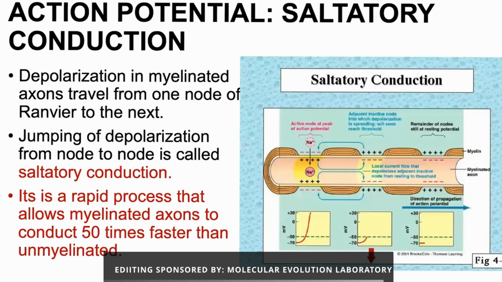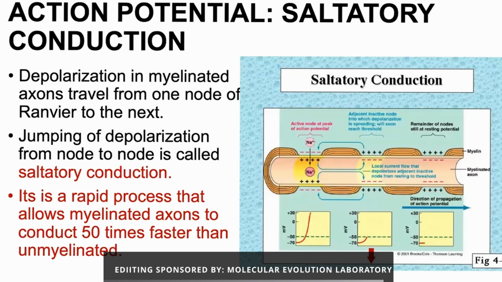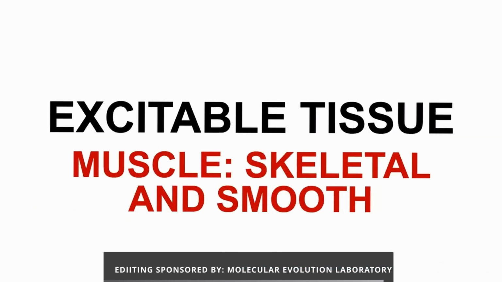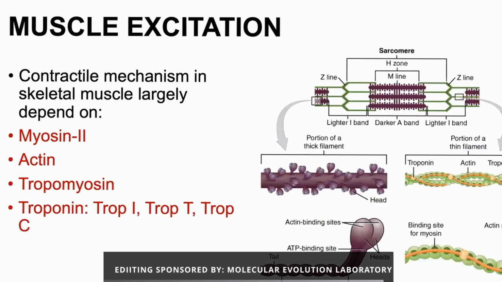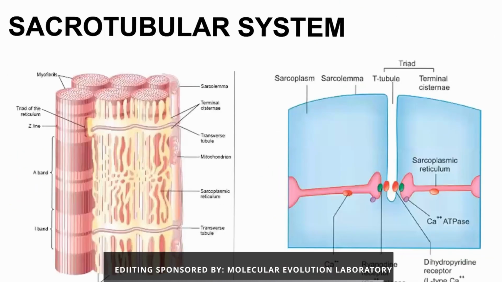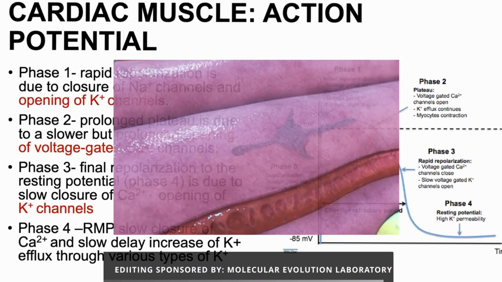Nodes of Ranvier have a lot of potassium and sodium voltage gated channels, and these are just between the myelin sheath that helps to propagate rapid action potential. Cardiac and smooth muscle pacemaker cells, that's important, that they can generate some form of activity intrinsically or automatically. This you guys should already know. And yeah, that's it. Thank you.